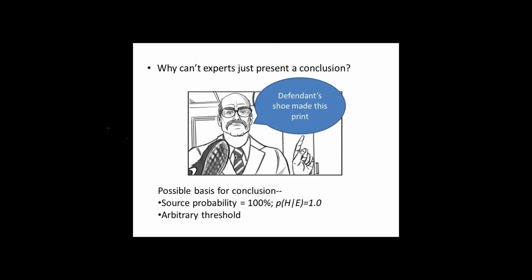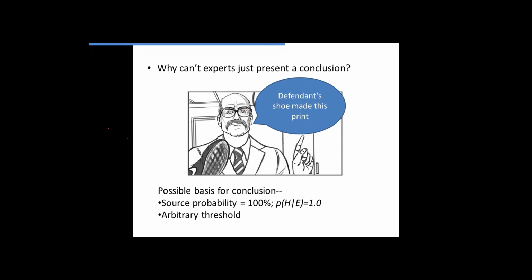I've set a threshold, and it passes. We'll call it a match, or we'll call it an identification, and we'll go from there. And we could maybe then assess how accurate those identifications are in the manner suggested by PCAST, having hit rates and false positive rates.